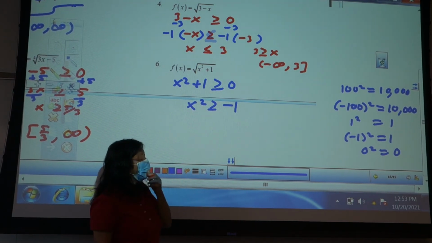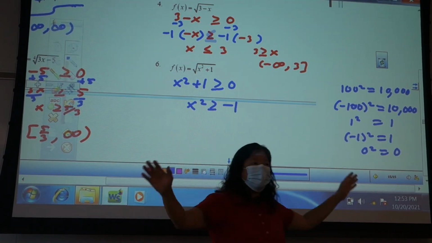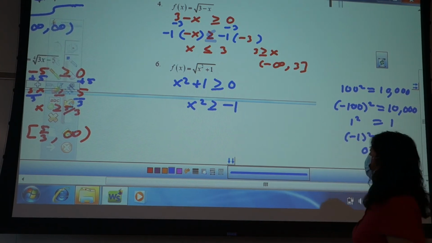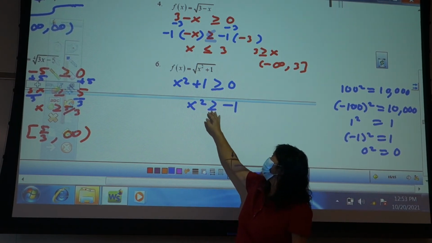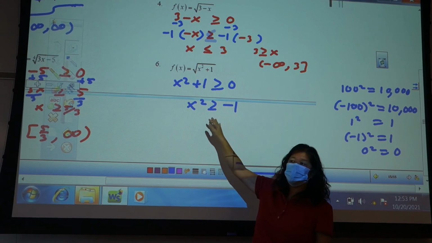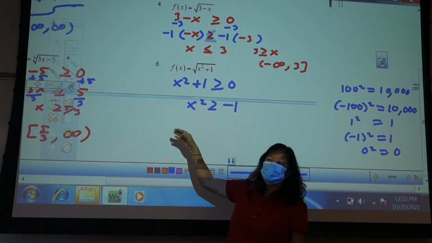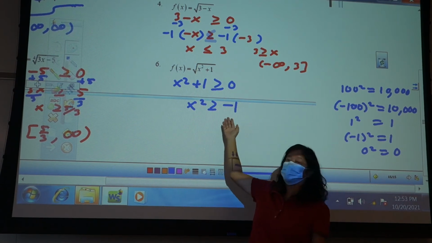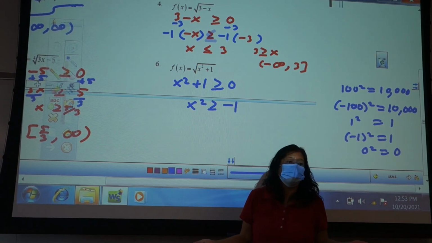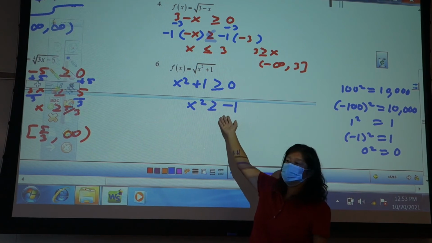So is there any x I can find where this will not be true? Will x squared be larger than negative 1? It can be anything. x can be anything, because any x squared is going to be greater than or equal to 0, even. So it's definitely going to be greater than negative 1.